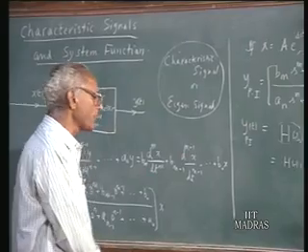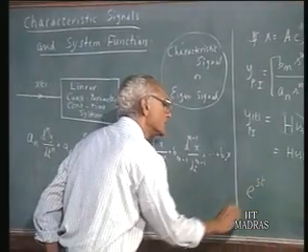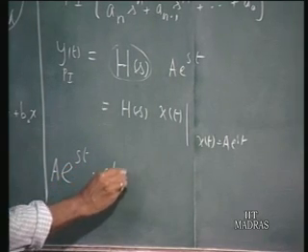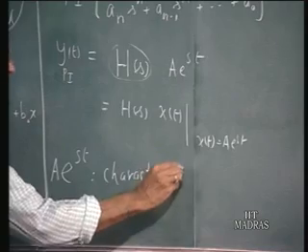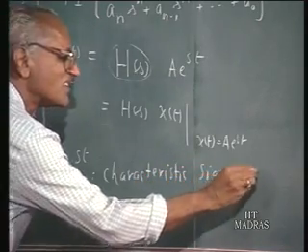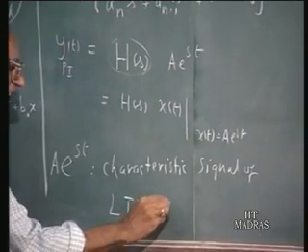So, e to the power of st is a characteristic signal; e to the power of st with a constant multiplier, any constant, is a characteristic signal of linear time invariant continuous time systems.